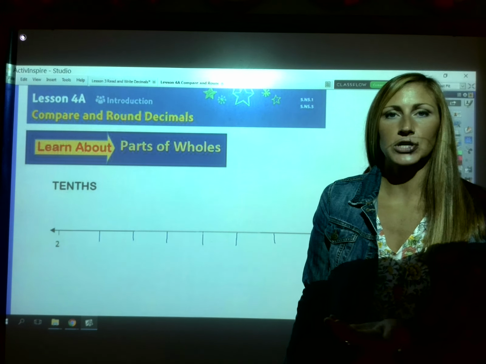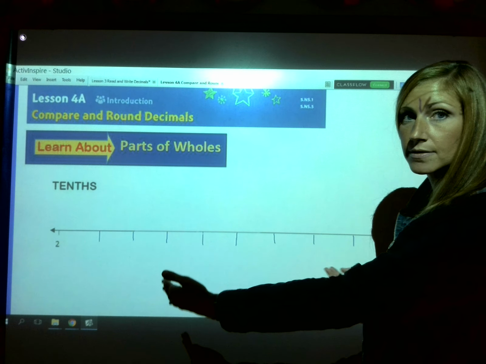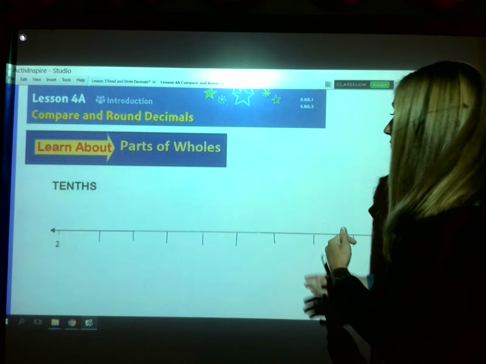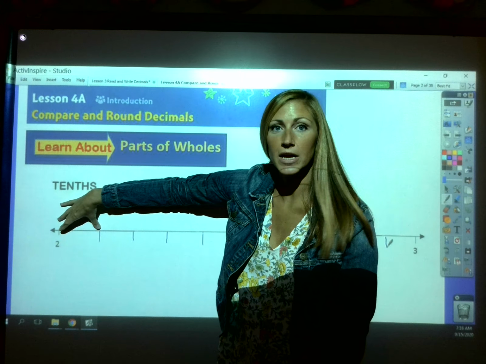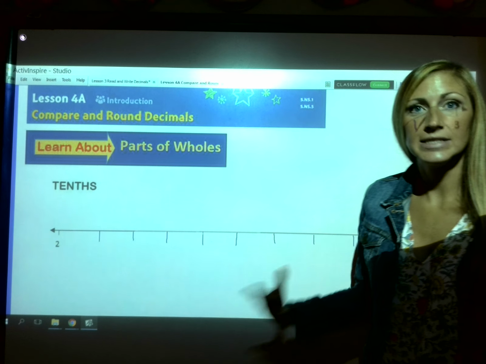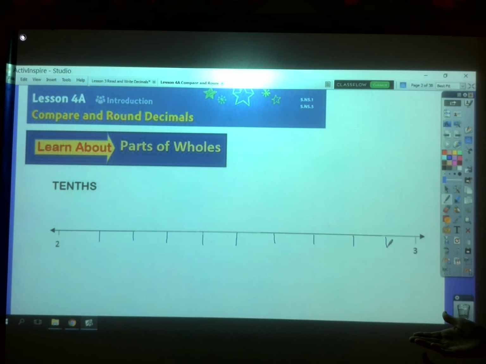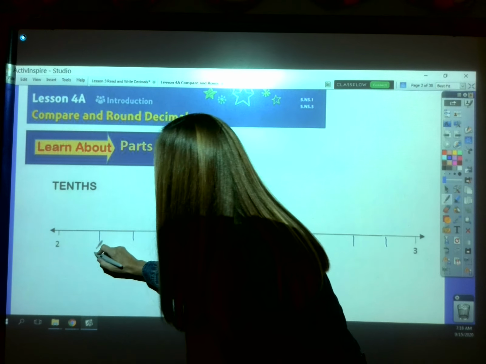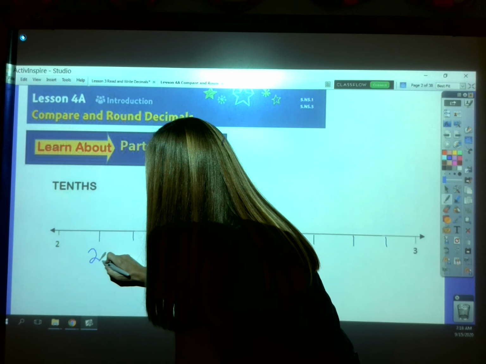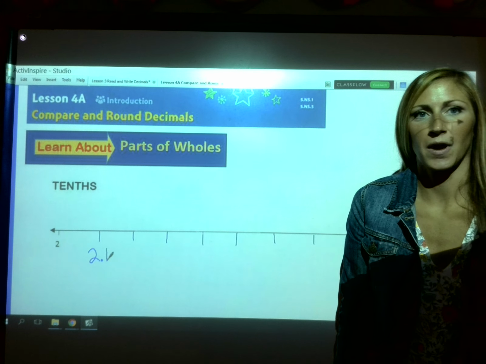Let's go ahead and start thinking about the values on this number line with tenths. If the total is tenths, this would be 1 out of 10. So looking at it total, we can record that this is 2 and 1/10, okay?